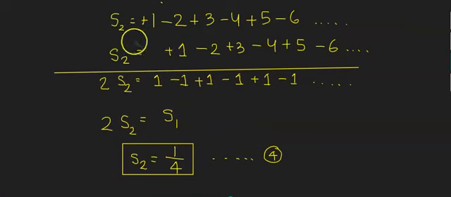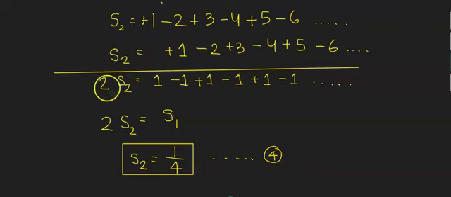Now let us take another series S2: plus 1 minus 2 plus 3 minus 4 plus 5 minus 6 and so on. We have written those natural numbers, but with alternating signs. In the next step, I have again written the same series S2, but this time displaced by one digit, and we add the two.